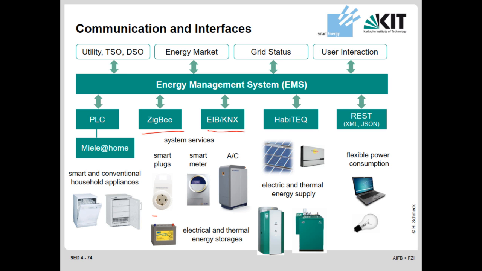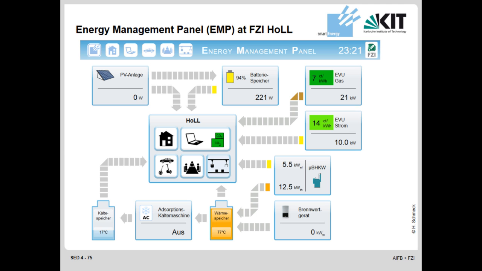We have a communication interface that is provided by General Electric, Habitech it's called. We have a standard REST interface for web services. And so different types of communication protocols, and we are working on combining that using the EBUS standardization efforts. So this provides the possibility to integrate many different systems.